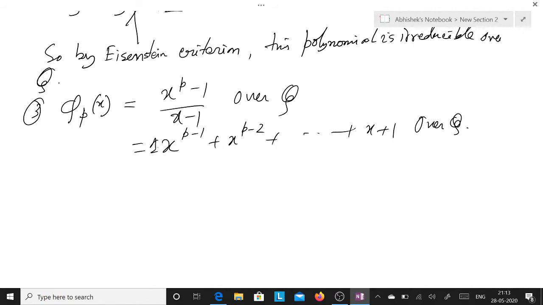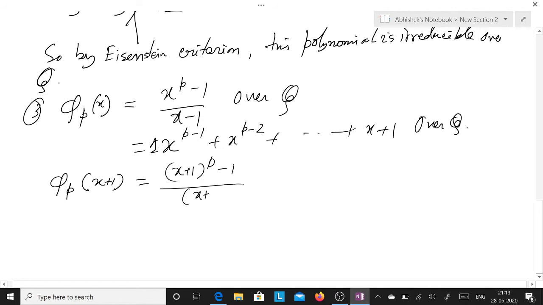What is the trick? The trick is that we just give a translation, that is x plus 1. And if you do this, then you will find that this will be like that.